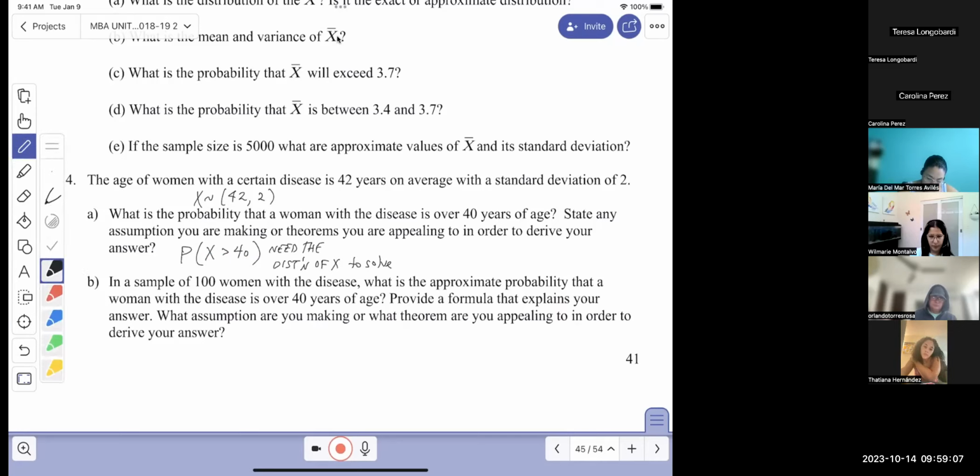So we assume that X is normal with a mean of 42 and a standard deviation of 2. And now we can answer it. How do we answer it? We use just the normal distribution like we usually do.